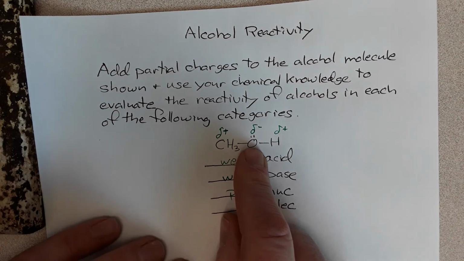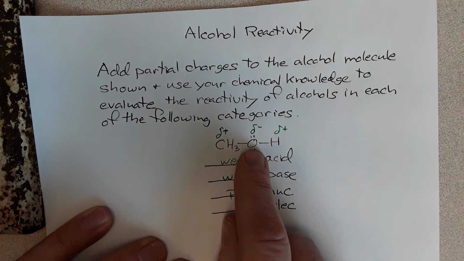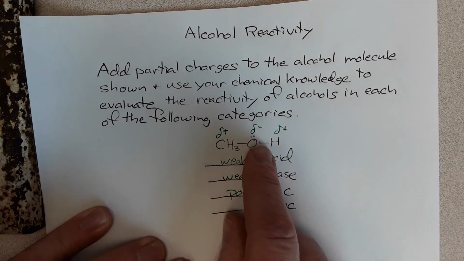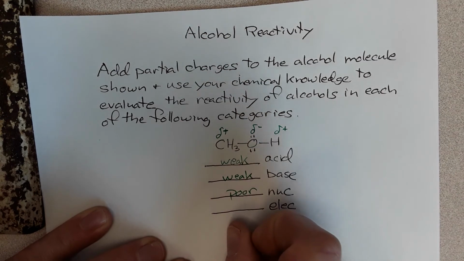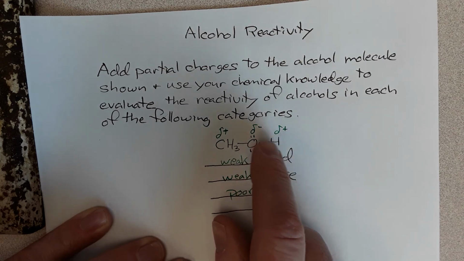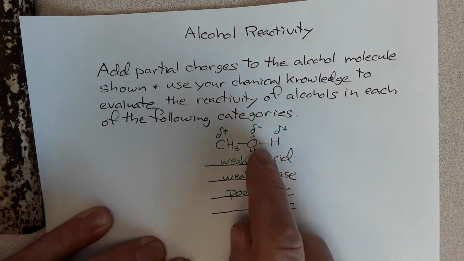Another characteristic that would make it a good leaving group would be that it would be a large atom, and this is second period, so that's relatively small. It would have to be third period to be considered a large atom. It would have to have resonance structures to be a good leaving group, and this doesn't have resonance structures, or it would have to have a positive charge on it, and it doesn't have a positive charge either.